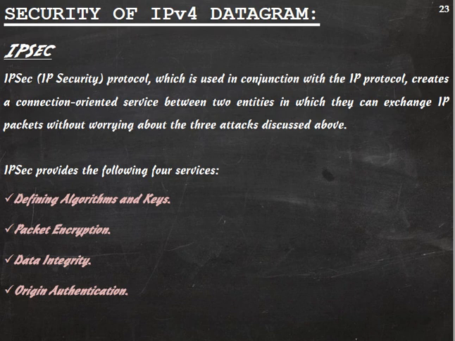That is, the IPsec protocol will define an algorithm, how actually the connection has to be established, and which keys, like the public key or the private key, have to be used for data exchange. So data communication can take place based on the algorithm specified and using the key specified.